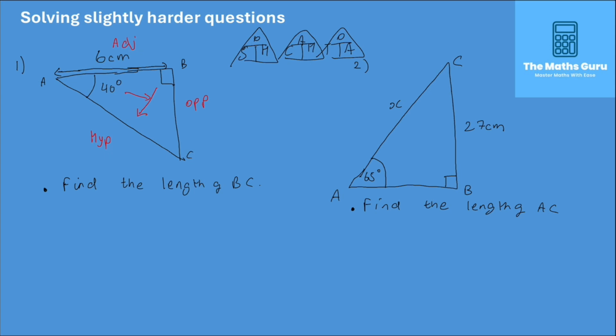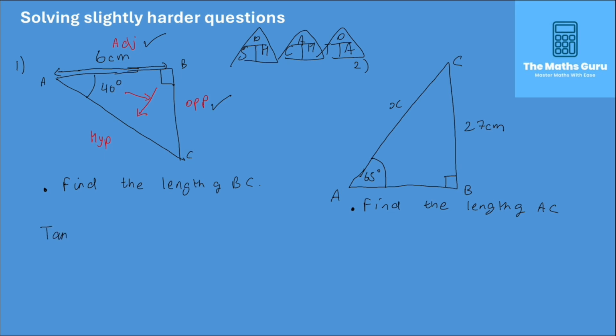So we need to look at the sides and see which two sides of opposite, hypotenuse, or adjacent do we need. What is relevant to this question? So we have our adjacent, so we need a formula including our adjacent, and we need a formula to work out our opposite. So what is the formula which contains opposite and adjacent? It's going to be our tan, right?